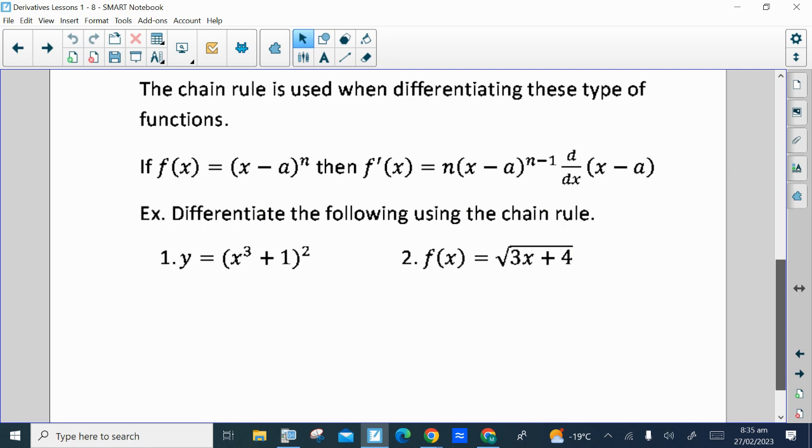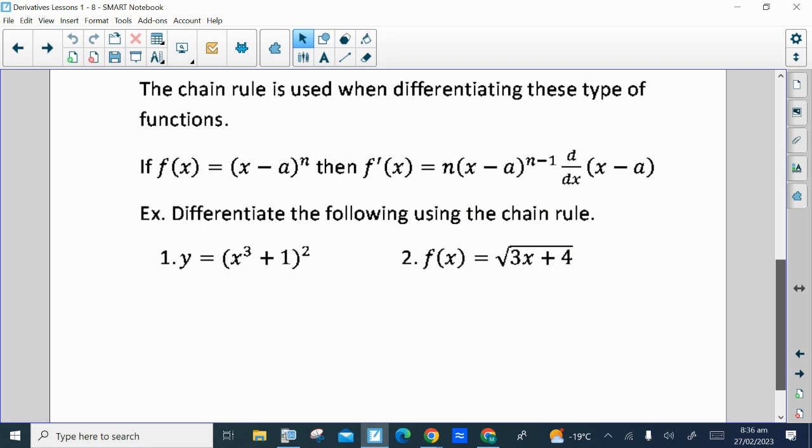What's inside the bracket there is x minus a. That's the base that's raised to the power n. So you do use the power rule initially, but that's only part of it. That's the first factor. Because after you do that, you're also going to multiply by the derivative of what's inside the bracket. So let's go back and look at that.